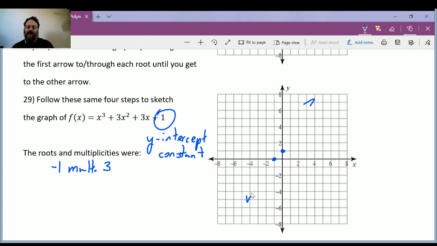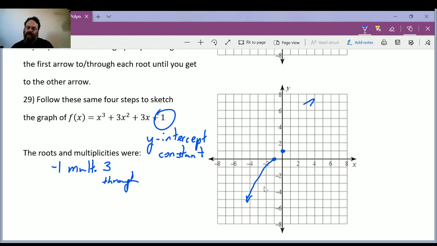Now if we did this right, doesn't matter which arrow you start at, we should be able to go through both those dots and follow the directions. This is odd, which means it is a through. Here we go. So going up, little curve there, and boom.